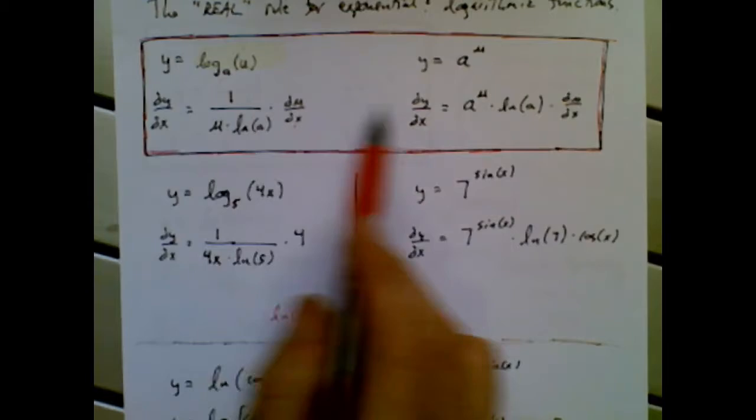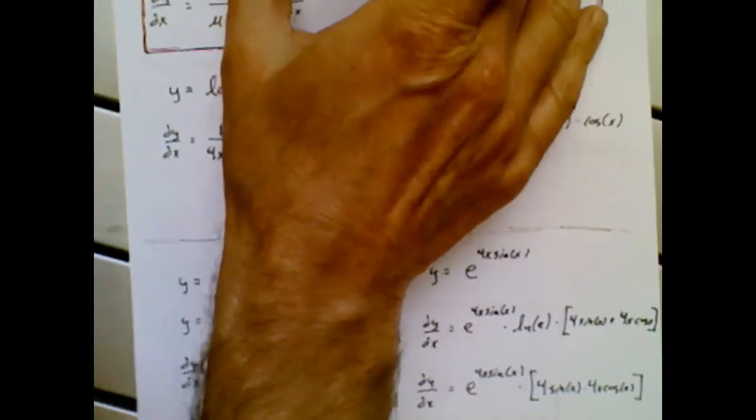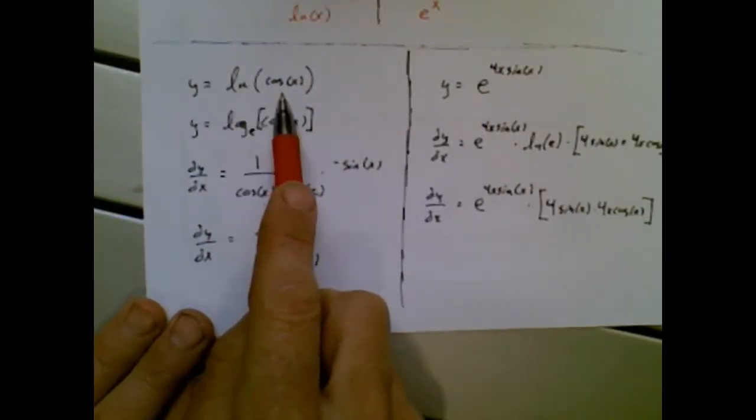I'm going to use the official rule and not the shortcuts I showed you on the beginning part of the video. But I'm going to use the same problems from the beginning part of the video. We had natural log of cosine of x as one of our very first problems on the video.